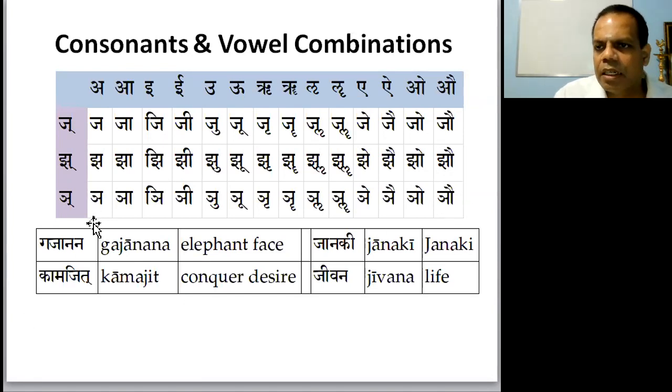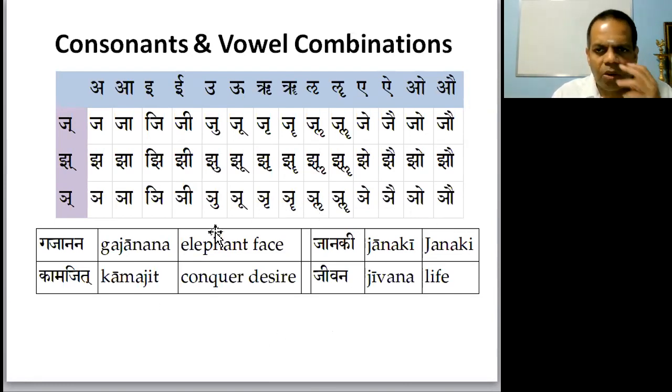And the fifth one is the nasal consonant in the cha varga, which is pronounced as nya. Nya, nyi, nyu, nyr, nyl, nye, nyai, nyo, nyau.